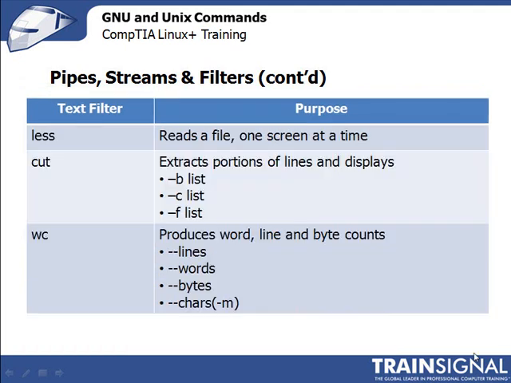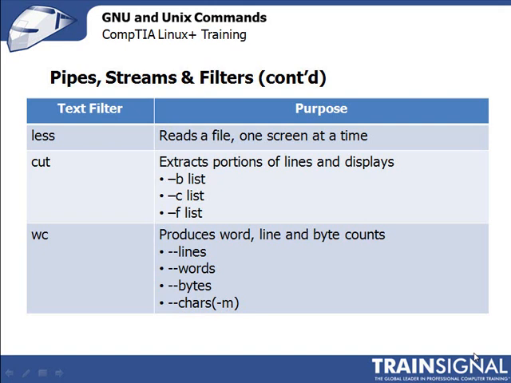The less filter we've used before, and if you recall, it lets you read a file one screen at a time. Cut will extract portions of lines and display them. Its options are -b list, -c list, and -f list. wc produces a word count, a line count, and also byte counts.